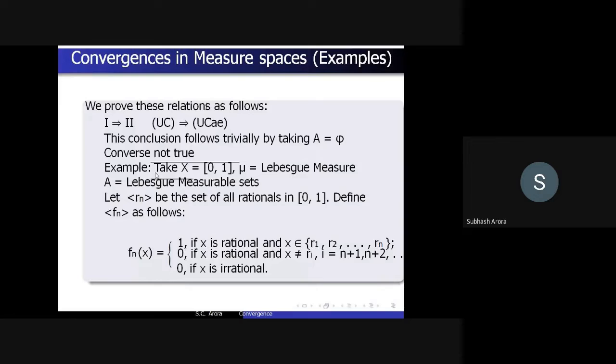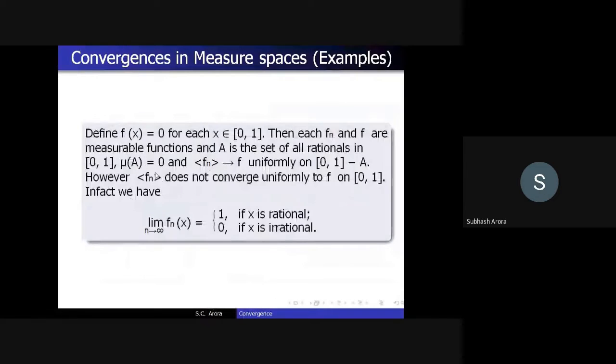Therefore, the limit would be 1 for every rational x.